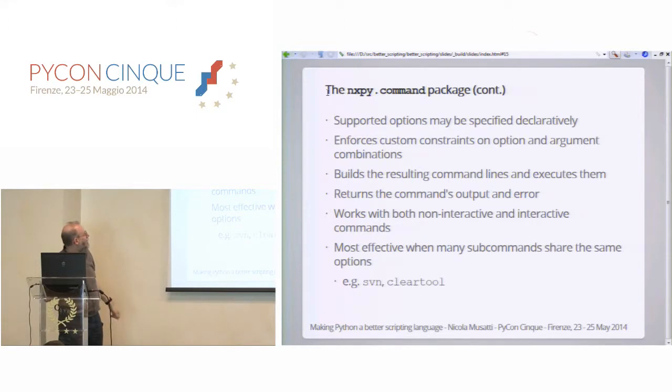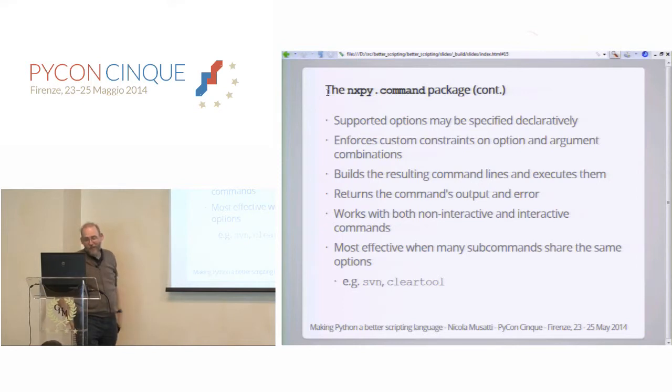It builds command lines and executes them and returns the command's output and error. Then it's up to you to decide what to do with the output or error of your command and what you want to provide back to the user of the library that you're writing. And as I said, it can be used both with non-interactive and interactive commands.